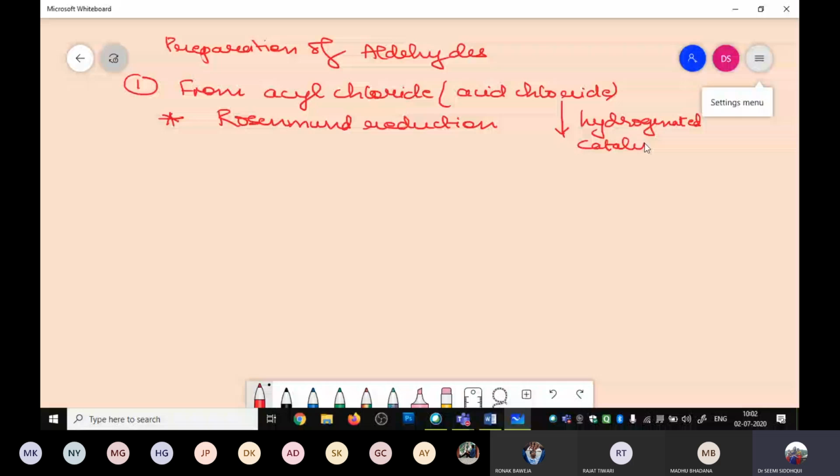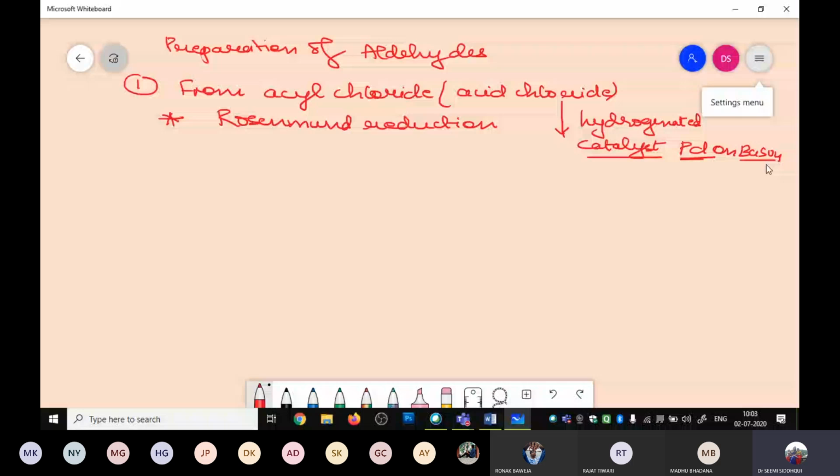As the catalyst, we use palladium. We use a palladium catalyst, and along with this palladium catalyst, we use barium sulfate. Why are we using barium sulfate here?